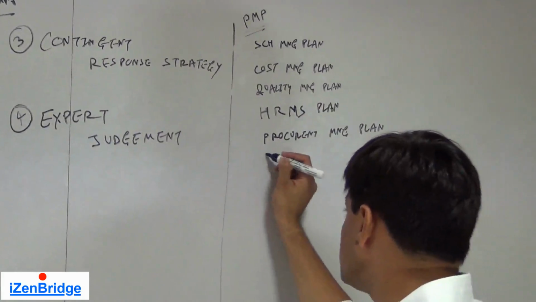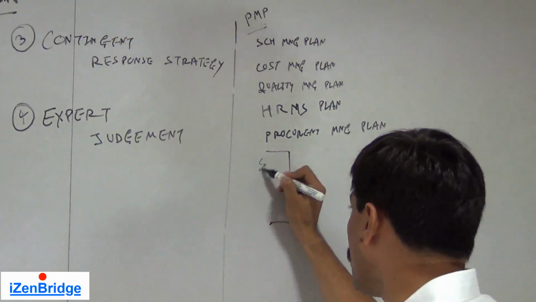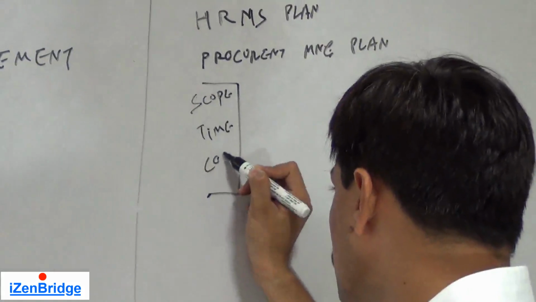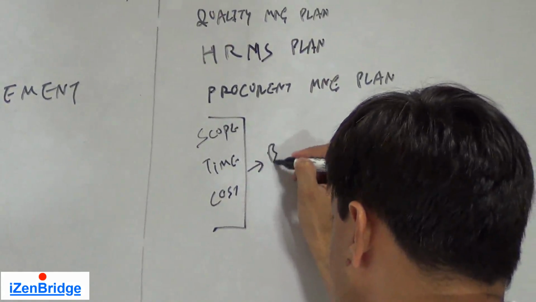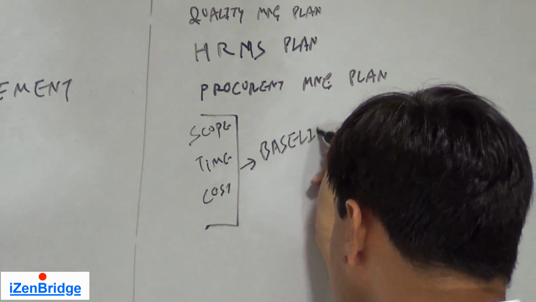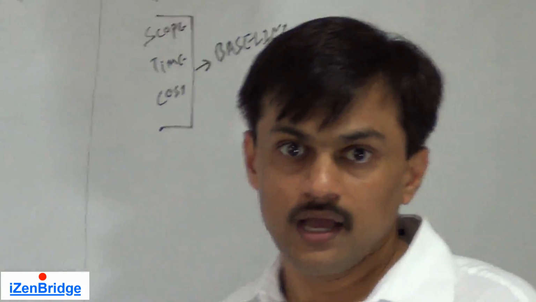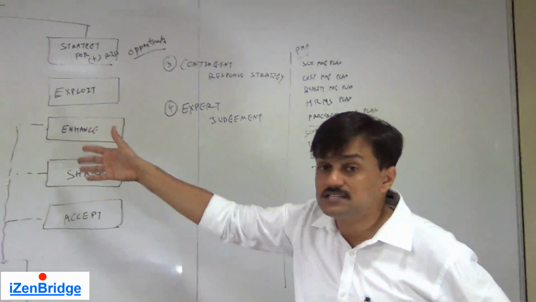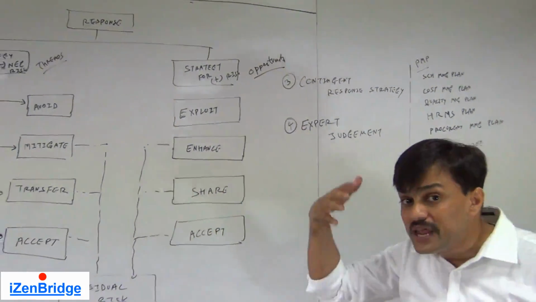And baselines, not limited to our scope, time and cost also get changed. Why? Why do we need to change baselines? Now, when you are thinking of all these actions, they finally get converted into schedule activities.